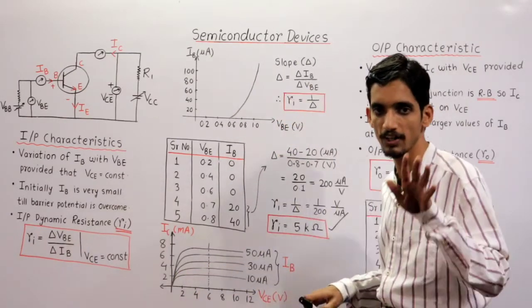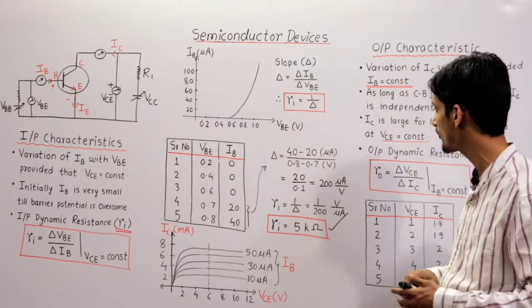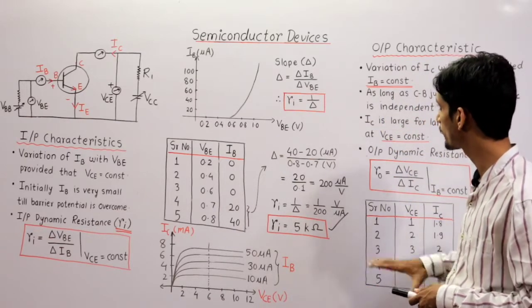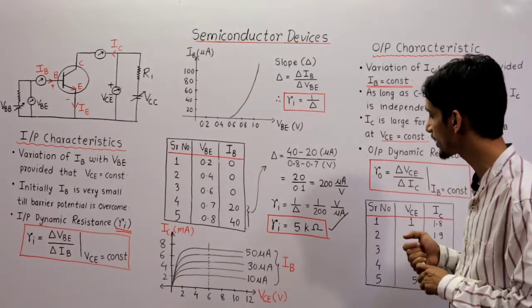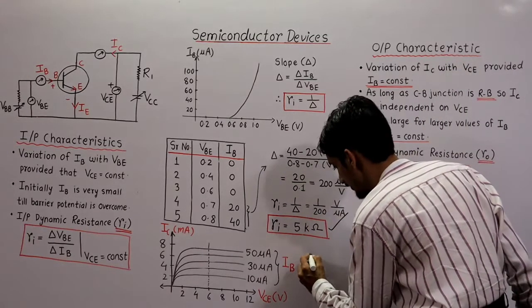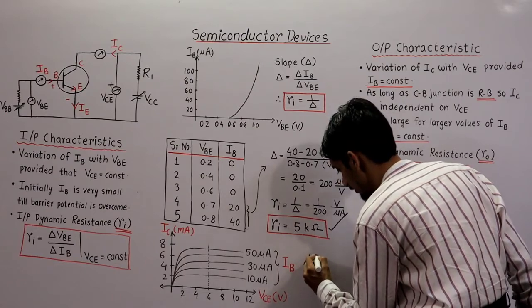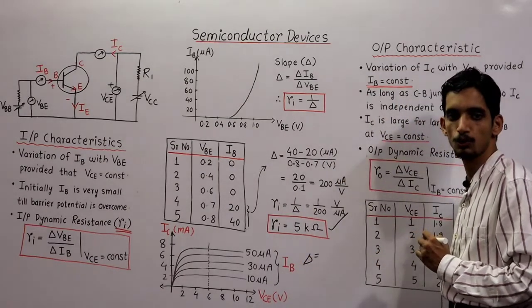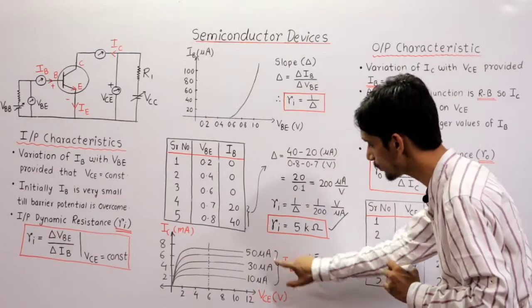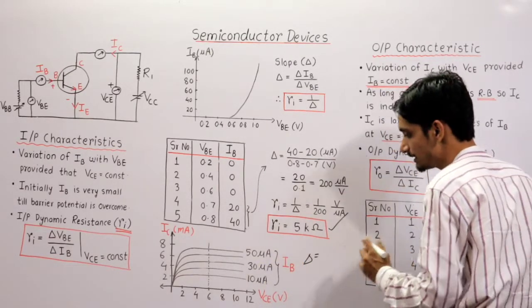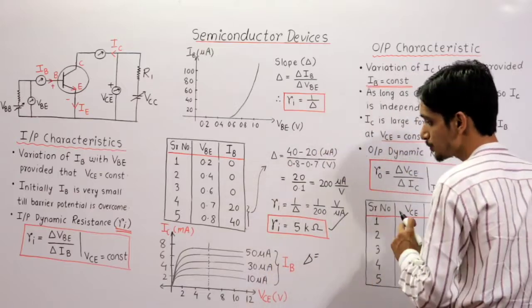Now if I try to calculate the slope of that graph, what is the slope? Slope is nothing but delta y by delta x. So change in y, y2 minus y1.